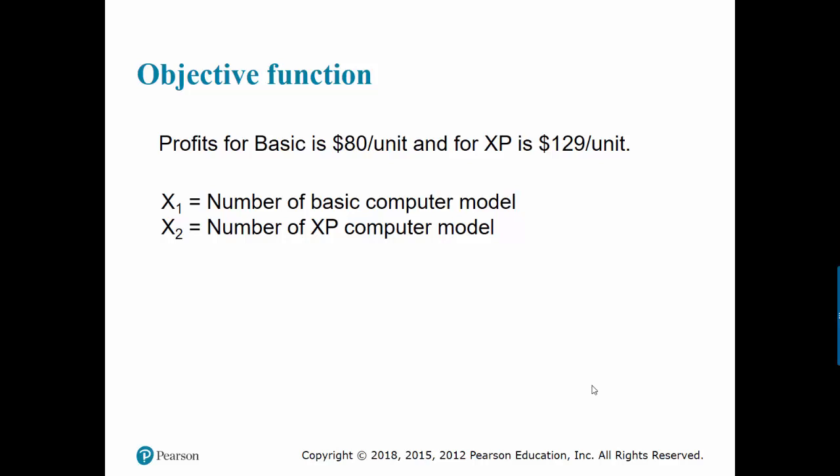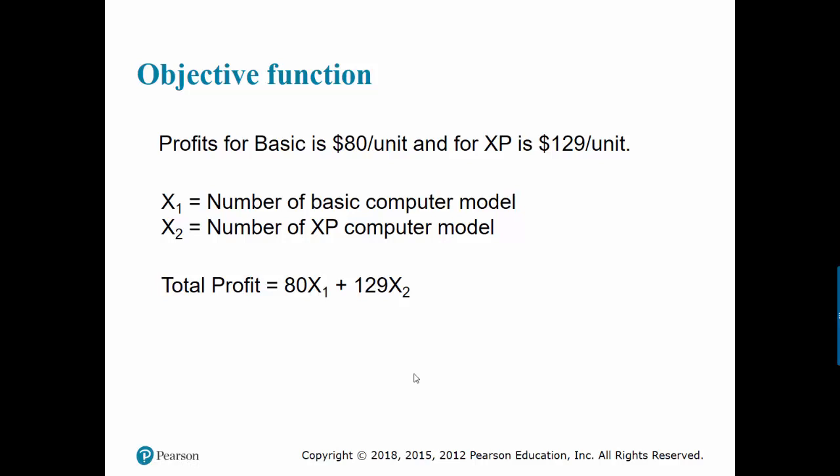Similarly, from the XP model we make $129 a unit, and we produce and sell X sub 2 units, so 129 times X sub 2. Add the two and we get the profit: 80 X sub 1 plus 129 X sub 2. That's the total profit, and that's what we want to maximize. We don't want to minimize profit, we want to maximize it.